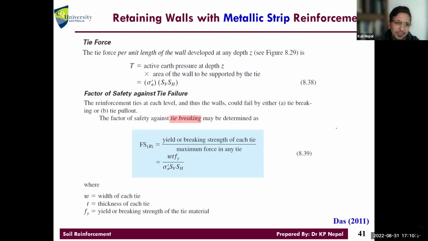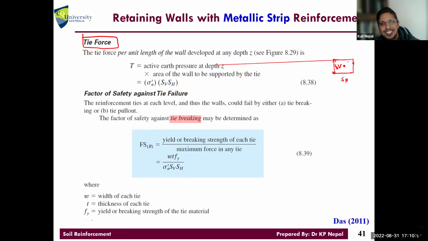So how much is the tie force? We need to calculate it. Remember there is a vertical spacing SV and a horizontal spacing SH. That is the bulk of soil the tie should support.